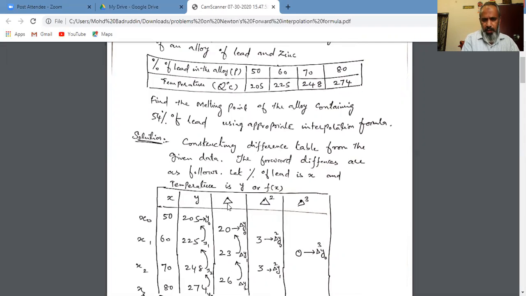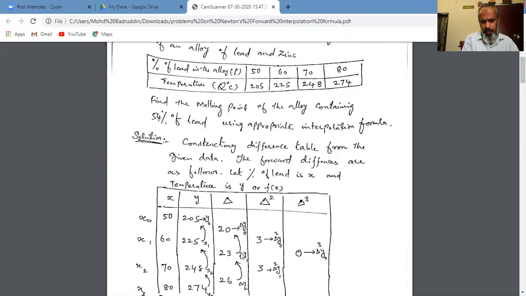So what is this delta? Delta is the first forward difference. In the first column, X values are denoted by X0, X1, X2, X3, and in the second column, the values of Y are Y0, Y1, Y2, Y3. In the third column, delta, the first forward difference, is obtained as the difference of Y values, that is Y1 minus Y0, 225 minus 205, which is 20.